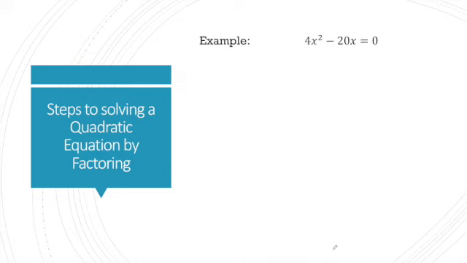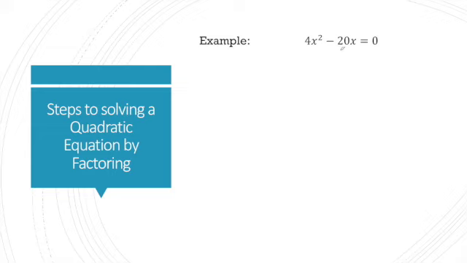All right, let's try another example. I have 4x squared minus 20x equals 0. Oh no, I do not have 3 terms. Now I'm given 2 terms. What are my options? The first thing I always want to do, we remember this from our section 5.4 video, is pull out the greatest common factor.